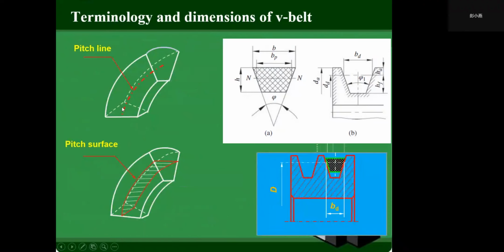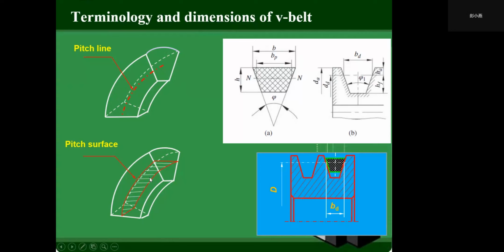The red line represents the pitch line. When the belt bends around sheaves, the width of pitch line BP keeps constant, and the surface through the pitch line is called pitch surface.